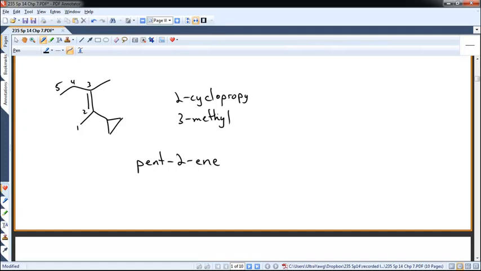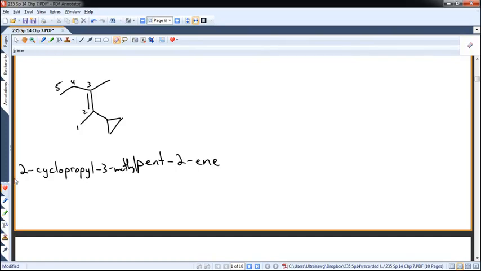So first let's build the name. C for cyclopropyl comes before M for methyl. So it should be 2-cyclopropyl. We're still using alphabetical. 3-methyl pent-2-ene.